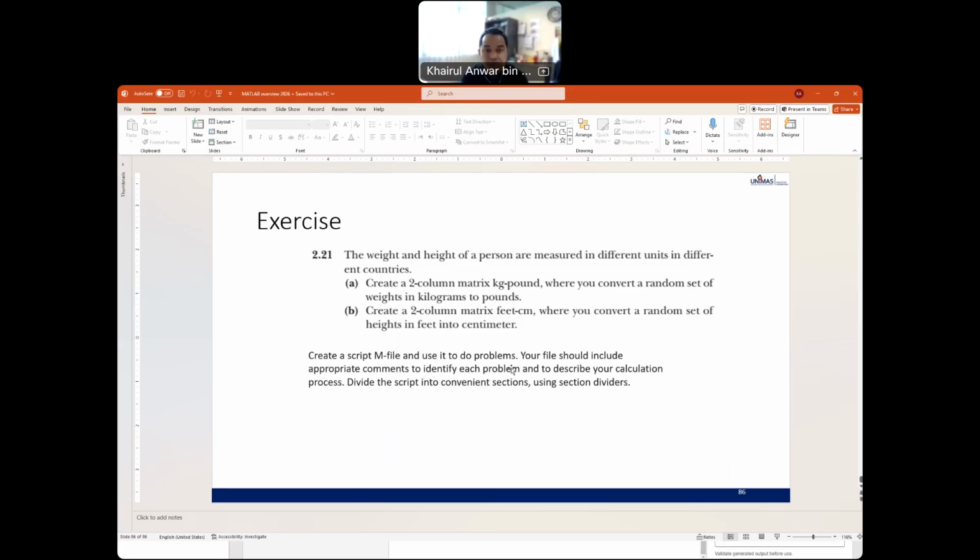So create a two-column matrix, kilogram and pound, where you convert a random set of weights in kilograms to pounds. To do this, you need a script file or M file.